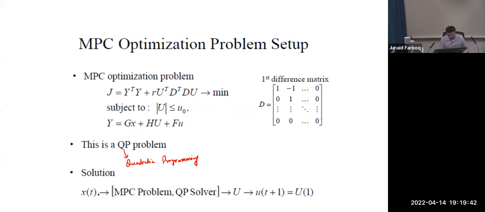So based on the X, the current state, you solve the MPC with a QP solver, and then you get a U. So as I said, the U of T plus 1 is only the immediate. It's U of 1. So we only use the immediate or next U, or let's say one step.